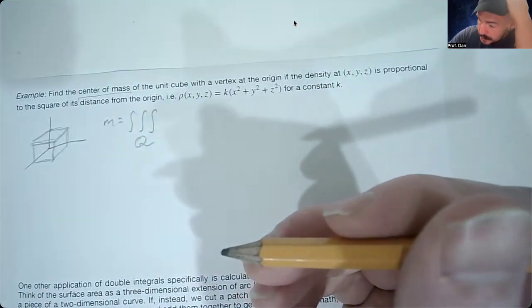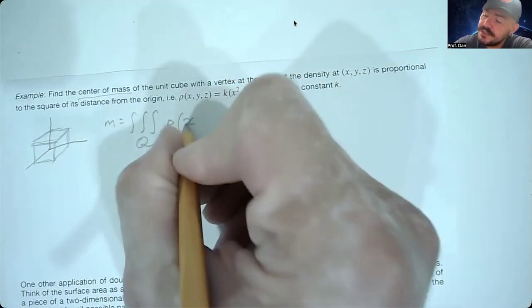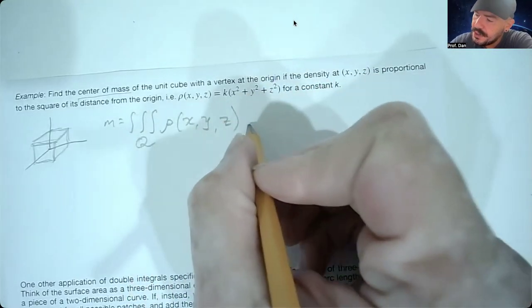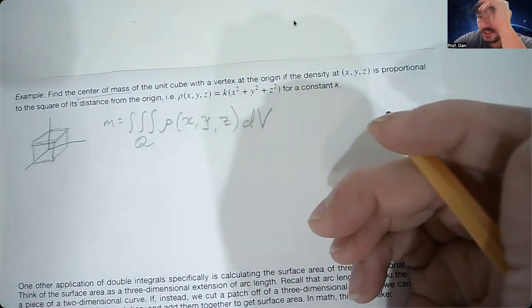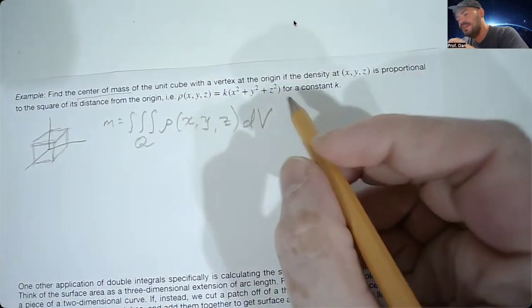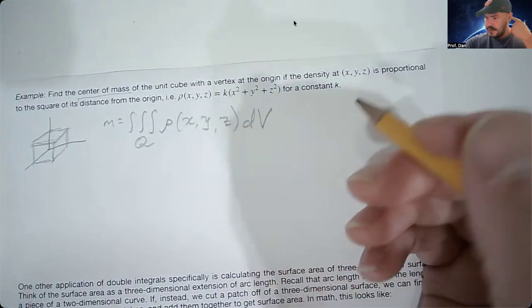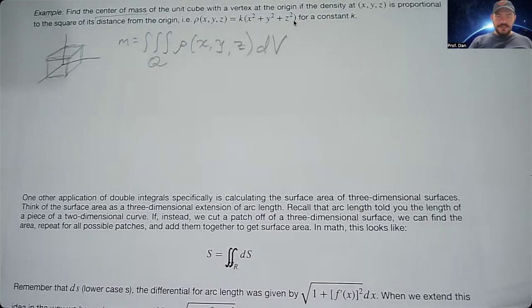It's just how your textbook does it. Essentially, we're just integrating rho of x, y, z dV, right? Going back to that whole volume idea. Instead of dA, it's dV because we're doing a triple integral. And again, that's just a way for us to ambiguously say dx, dy, dz without assigning an order.